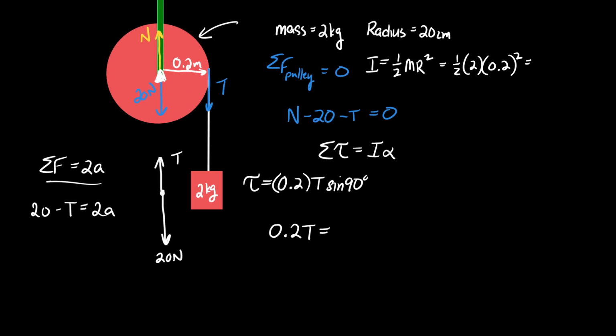Ooh, I don't think it's 0.2. Yeah, 0.04 then. The units are kilograms meters squared. All good? Alrighty, so we're going to replace I with 0.04.